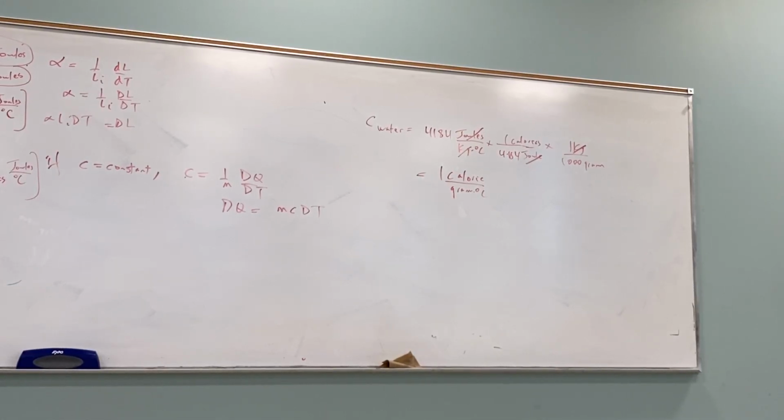So other substances, say nickel, 0.11. Brass, 0.089. Silver, 0.056, and so on. So everything is small compared to water. Okay?